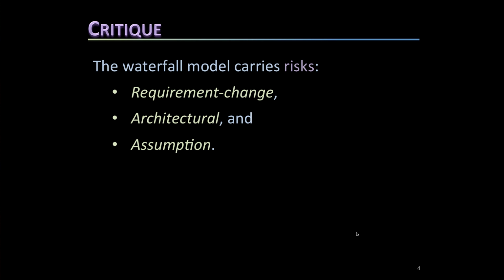But in today's highly dynamic, competition-based kind of business, requirement changes extremely quickly, and the waterfall model is too static to be able to respond quickly to this. Requirement change is one of the key reasons why linear ordering doesn't work.